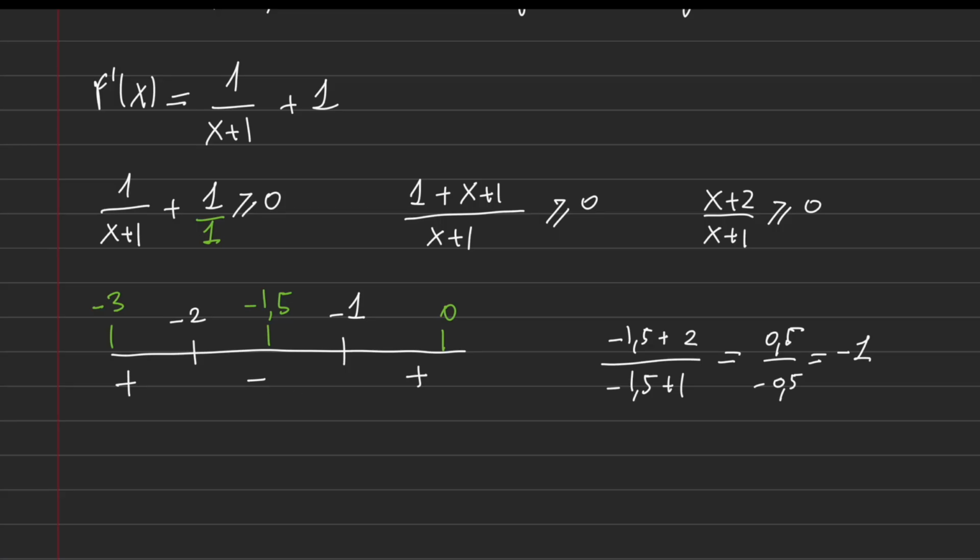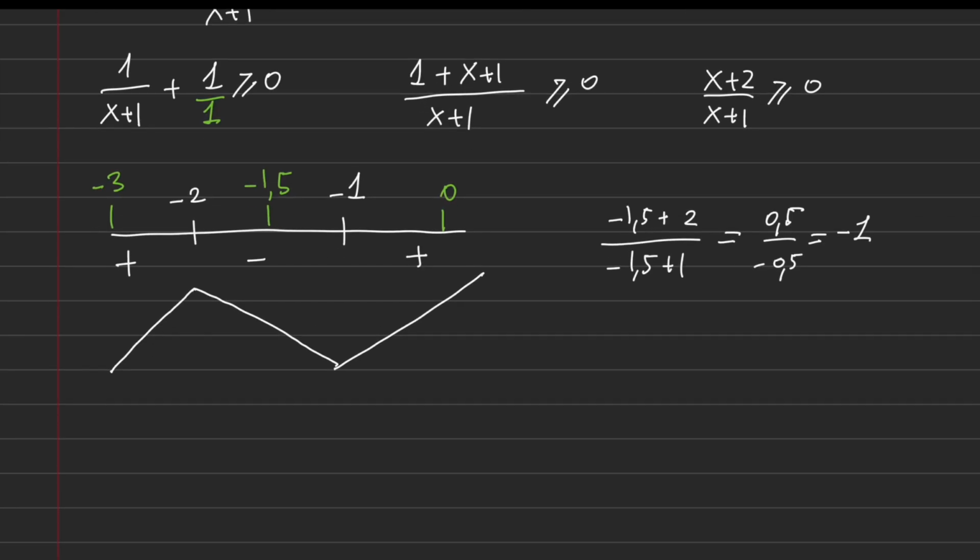As before, we're going to do our little drawing, and we have a plus sign between minus infinity and minus 2. Then the function is going to decrease between minus 2 and minus 1. And afterwards it's going to increase again because we have a plus sign. So now we see our little lines here, and we see that it increases between minus infinity and minus 2, and after minus 1 increases again.